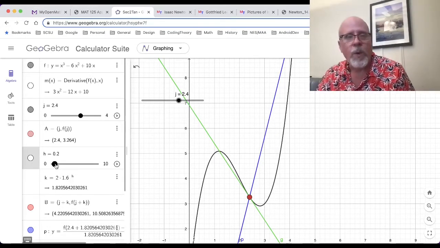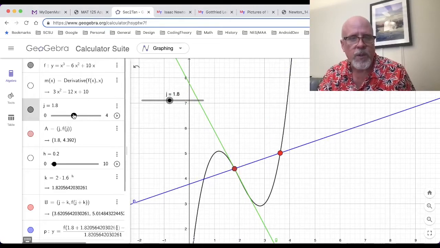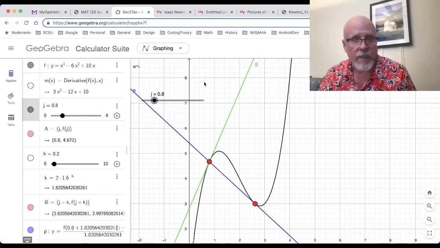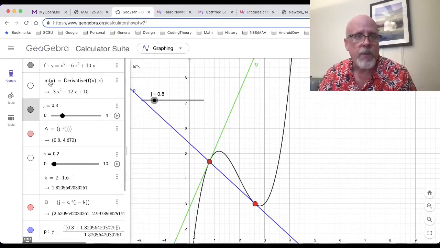All right, so what is going on in this picture? When I change J, you'll notice the green line is a tangent line. That's been computed so that it does have the correct tangent. And if you want a little peek ahead, here's where that's done.